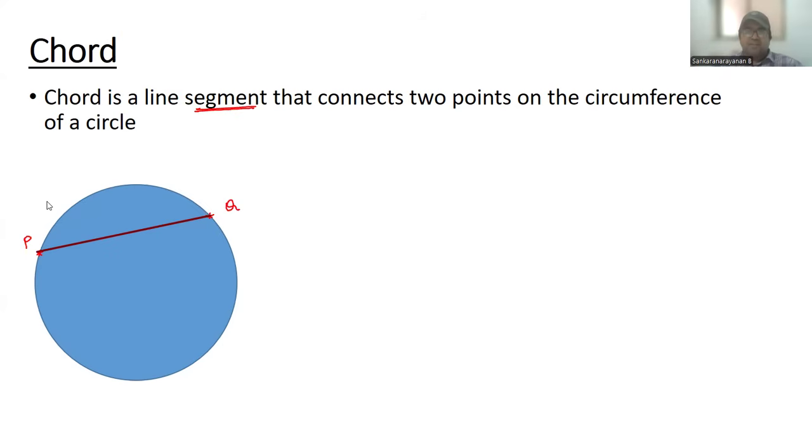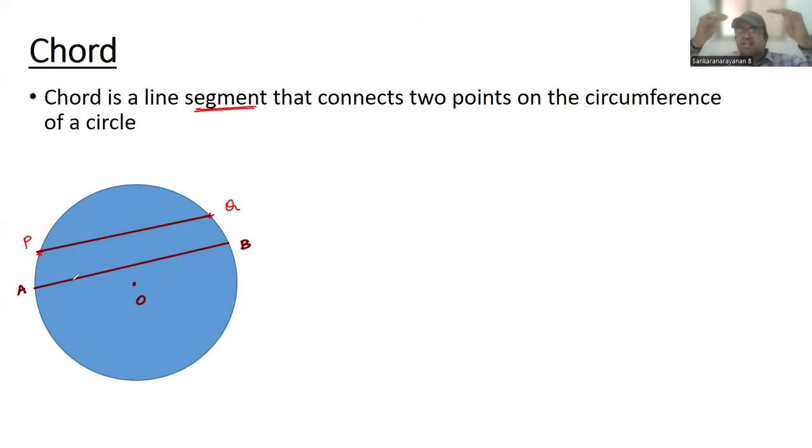For example, I am considering the center of the circle here as the point O. So you can see here, if I am considering another segment AB, where B is here and A is here.